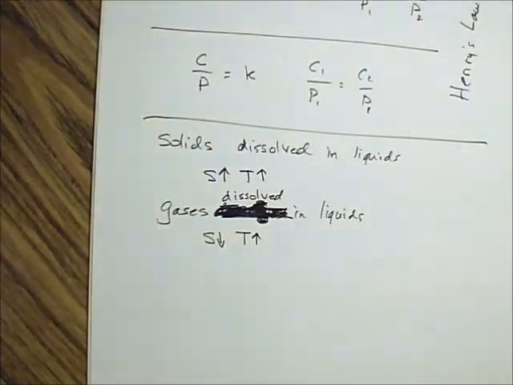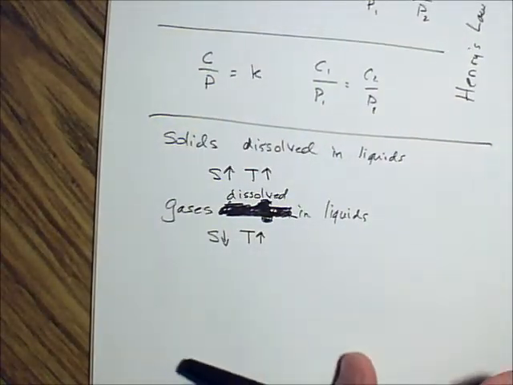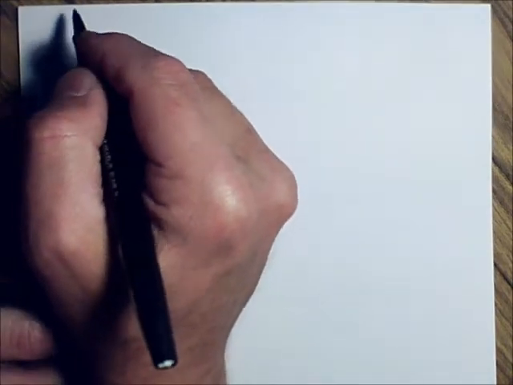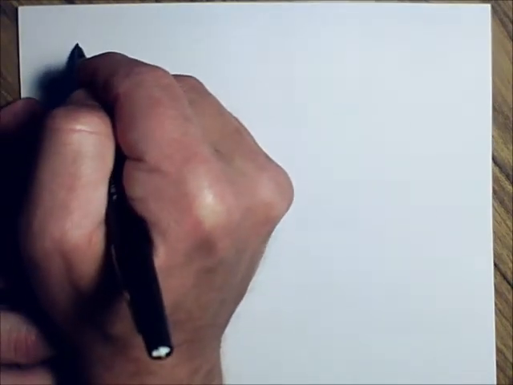Freezing point depression and boiling point increase. The equation for calculating freezing point depression and boiling point increase is roughly the same. You start out with the change in temperature.